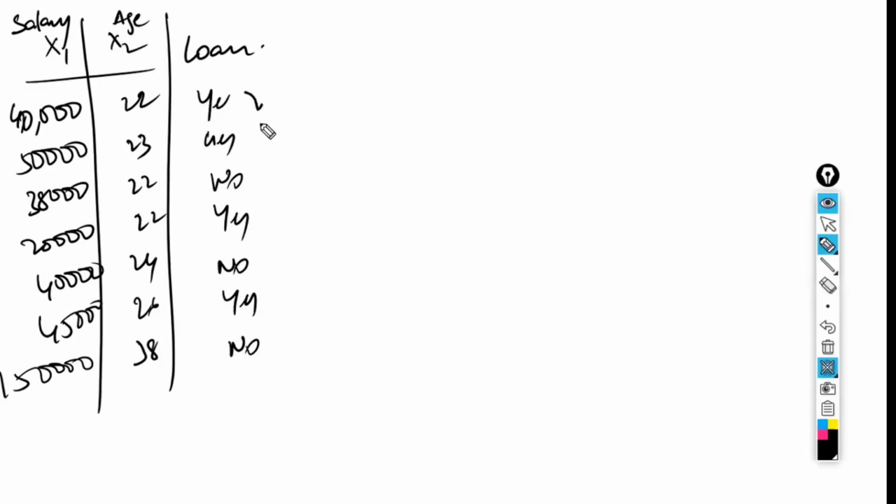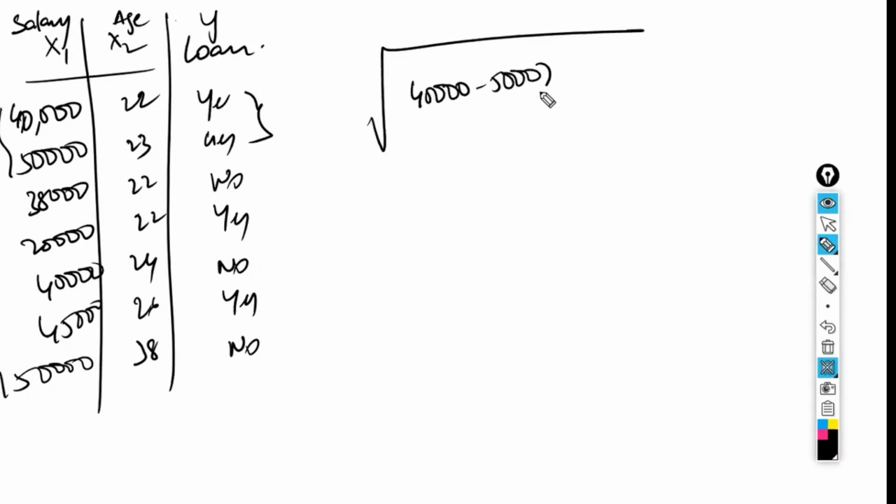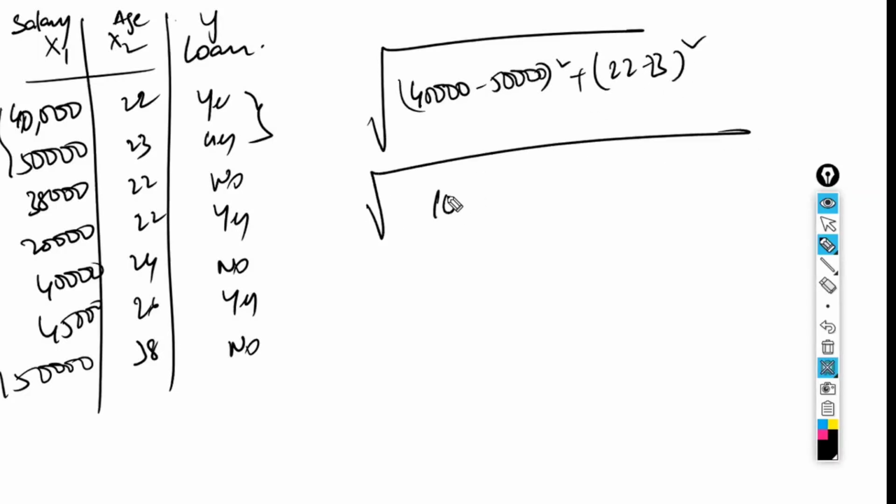Now, first you have to calculate the distance between these two. Ignore the output variable; don't include it. How to calculate the distance between these two points? Square root of (40,000 minus 50,000) whole square plus (22 minus 23) whole square. Now, this is 10,000 whole square plus 1 square.